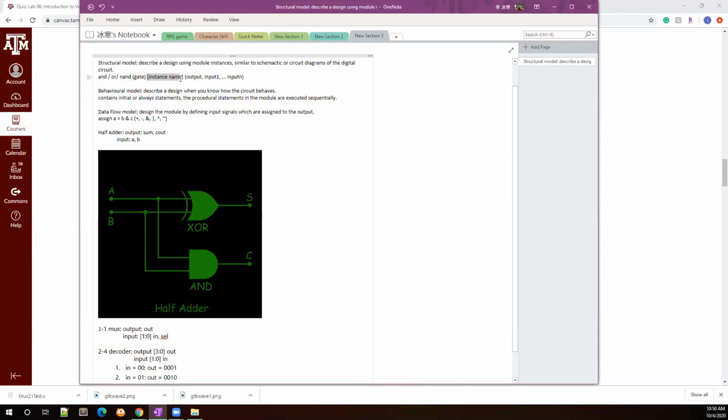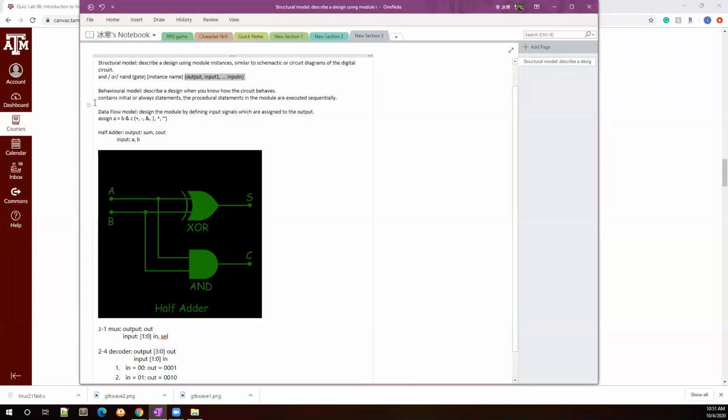We can define an instance name to name this gate, and in the parentheses, we can include the outputs and inputs of these gates. You can also use the tri-state gates and multiple-output gates, such as buf and NOT gate.